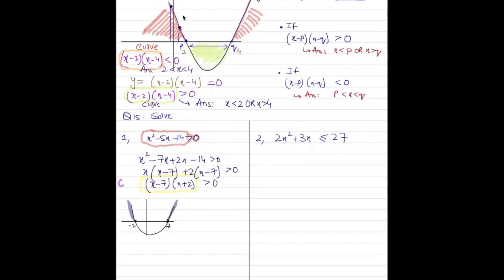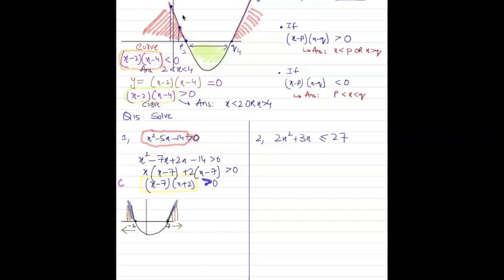So when are you going to get these positive values, greater than 0 values? For the values of x that are after 7, meaning greater than 7, or if the x values are less than -2, then you are going to get this curve positive.